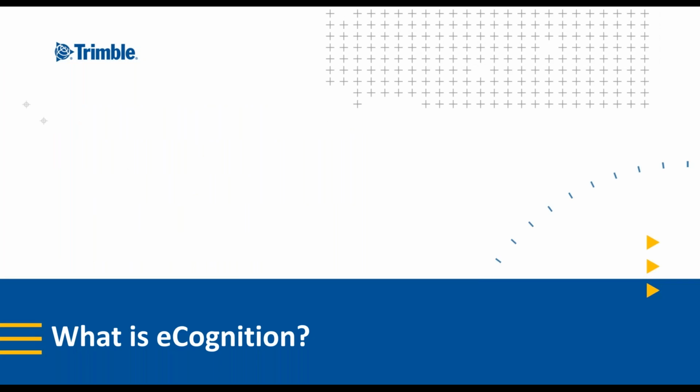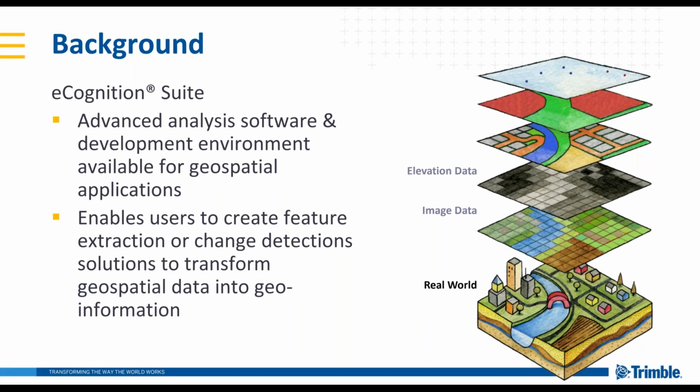So what is eCognition? First of all, the background here is we launched the eCognition suite. This is a very powerful advanced analysis software for the development of geospatial applications.